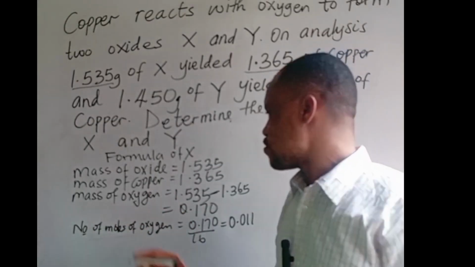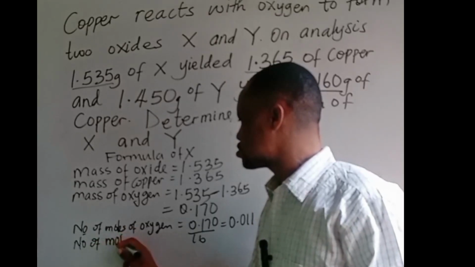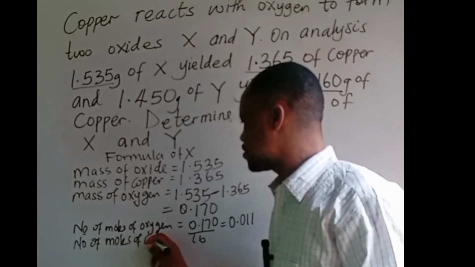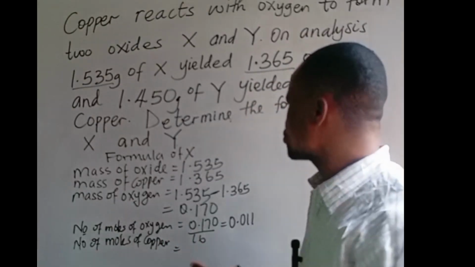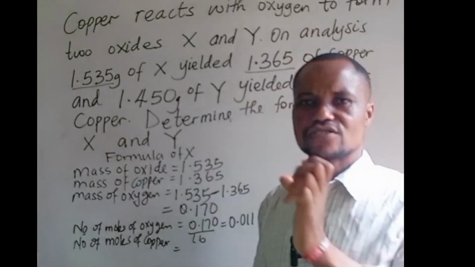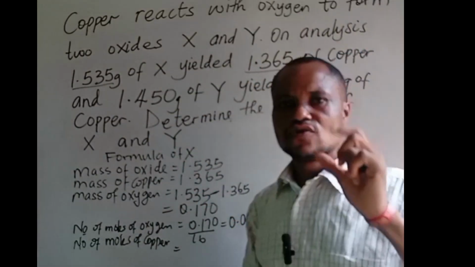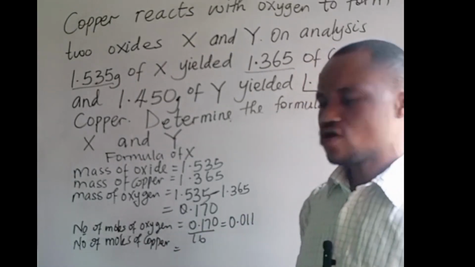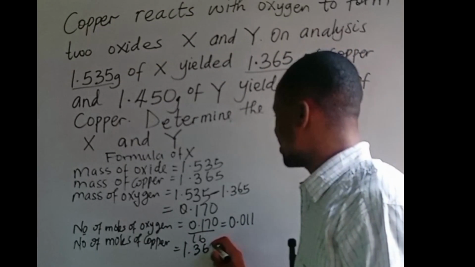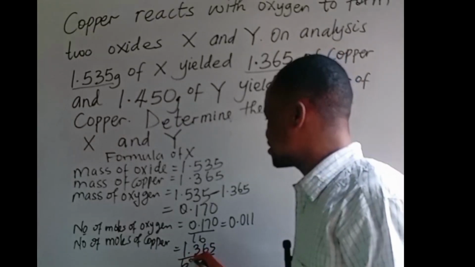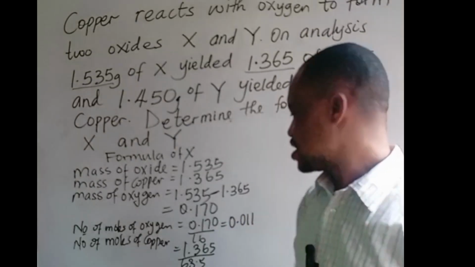Now let's also calculate the number of moles of copper. The same way, number of moles of copper is mass of copper, mass given here, over the atomic mass of copper, which is 1.365 divided by 63.5, the atomic mass of copper.